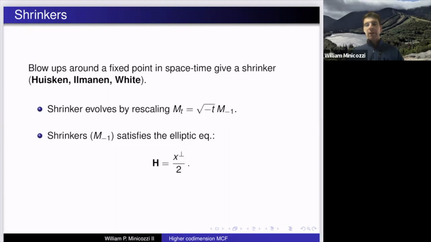Okay, so now this time -1 slice, which is the analog of the link for a cone, does not satisfy a parabolic equation. It actually satisfies an elliptic equation, which we call the shrinker equation. That is, the mean curvature is equal to the normal part of the position vector divided by 2. In codimension 1, this normal part of the position vector divided by 2 is usually called the support function, especially for people that work in convex geometry.